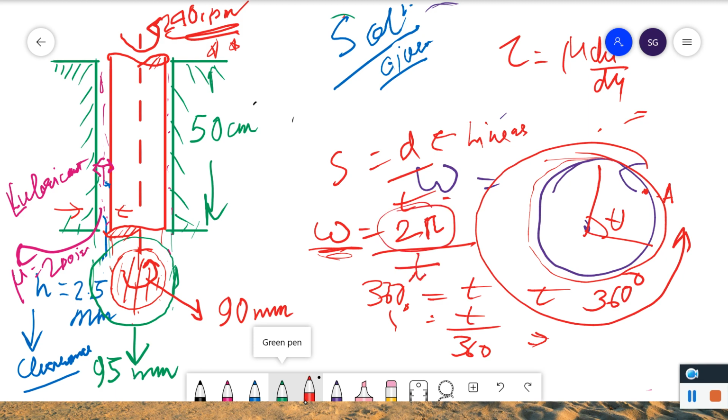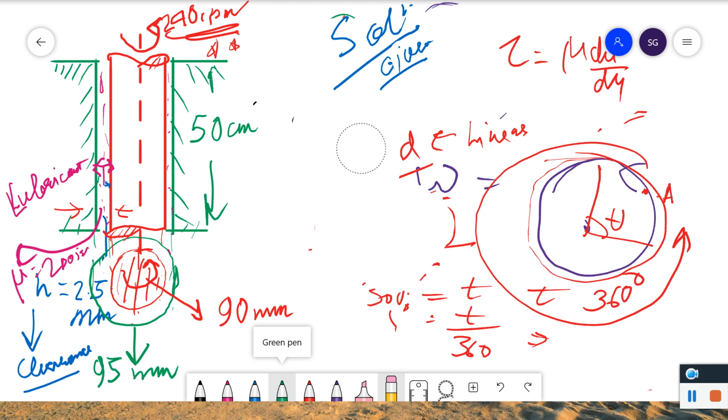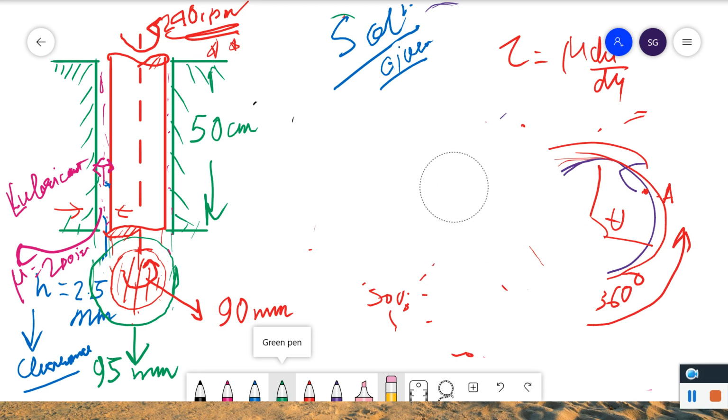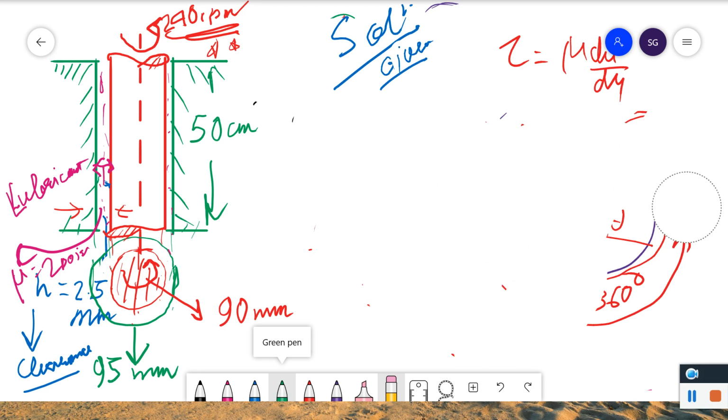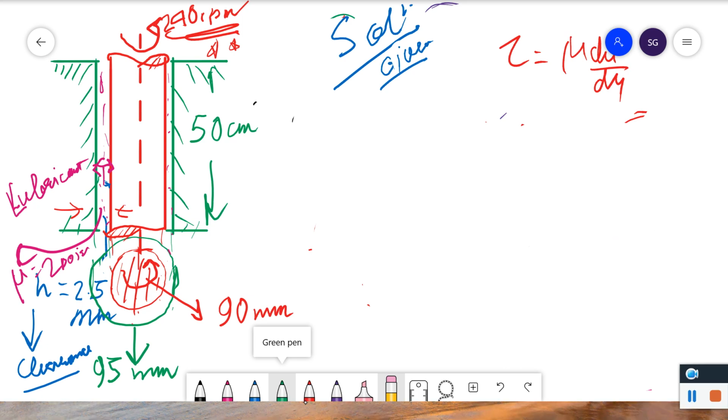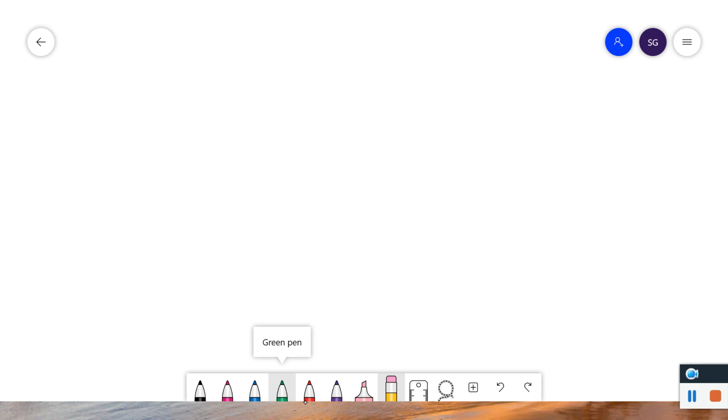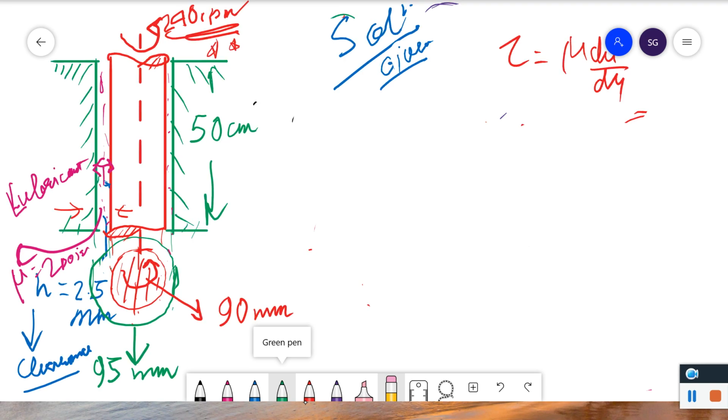This 2 pi represents 360 degree. So we have got that omega is equal to 2 pi upon t. You have to remember that speed is equal to distance upon time. So what is angular speed? Angular distance upon time. Angular distance would be theta, so it is 360 degree, that is 2 pi. So our formula comes out to be omega is equal to 2 pi upon t.